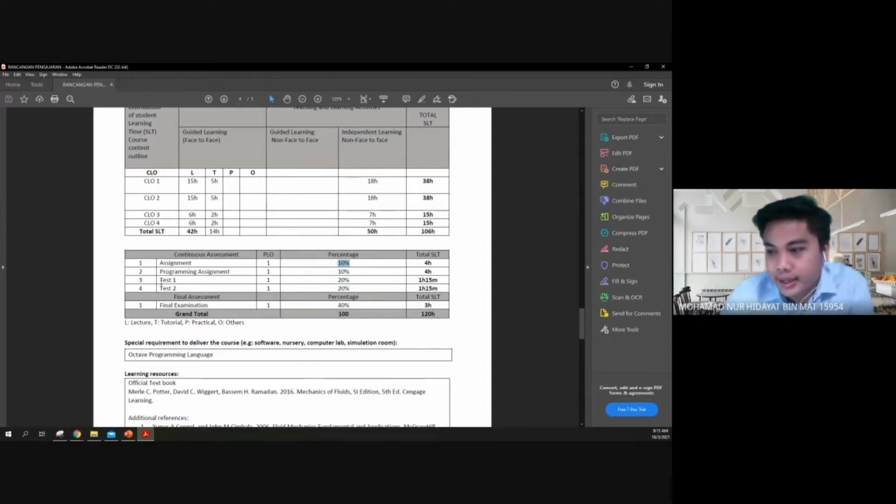Secondly, I'm going to give you the programming assignment. Later on, I'm going to explain to you. This is about using the C++ language or MATLAB or whatever code that you know. This contributes 10%, and this is very important. Test 1 contributes 20%, test 2 20%.